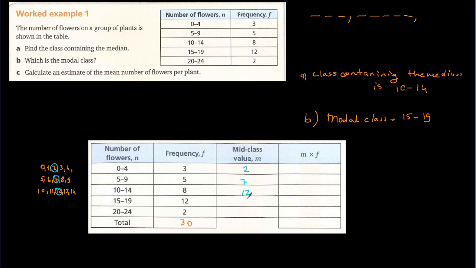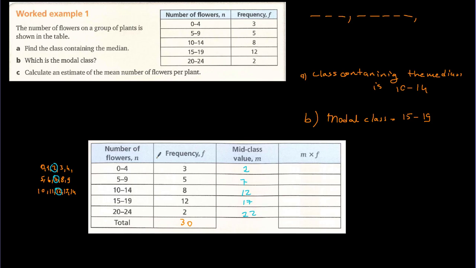So I can find the mid value of 15 to 19, which is 17, and 20 to 24 is equal to 22. By the way, you can add 5 and find the next terms. The important part: these numbers are the number of plants, and the mid values represent the number of flowers. So there are 2 flowers here, 7 flowers, 12 flowers, 17 flowers, and 22 flowers.